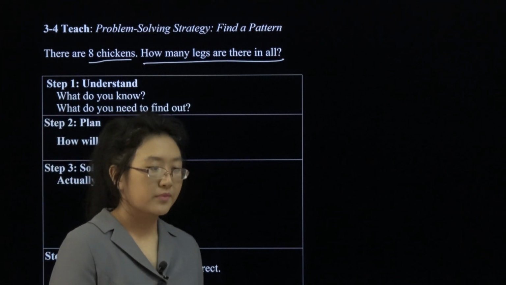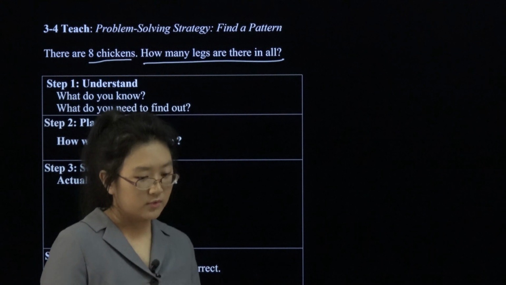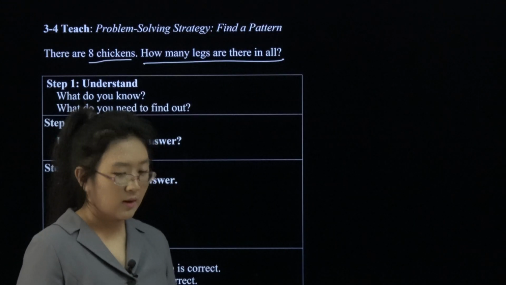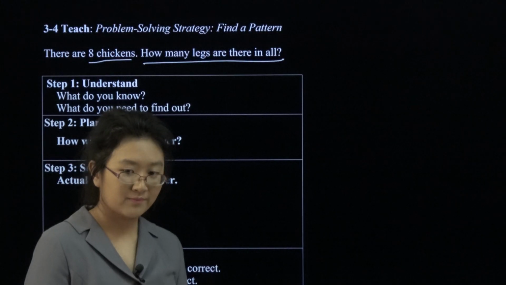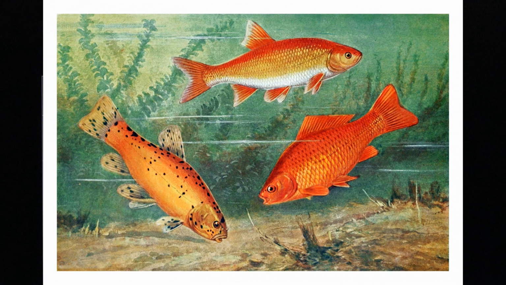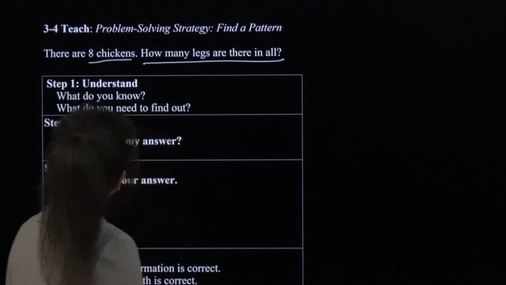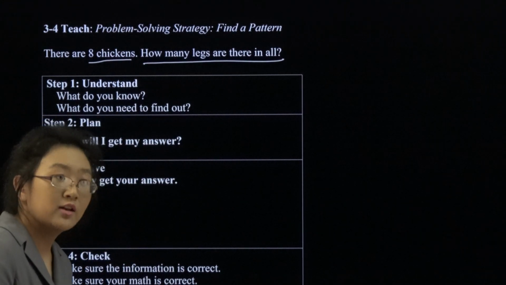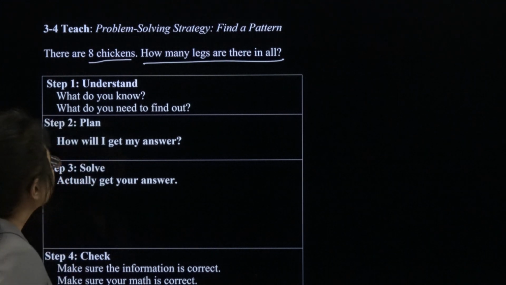Things such as cows have 4 legs, dogs have 4 legs, people have 2 legs, birds have 2 legs, and then there's fish that don't have legs. So we know that there's 8 chickens and each chicken will probably have 2 legs.